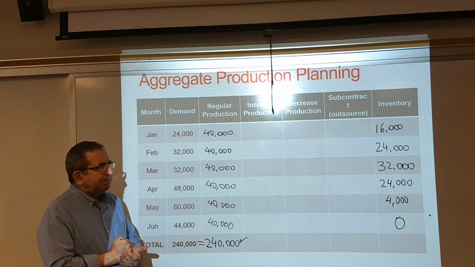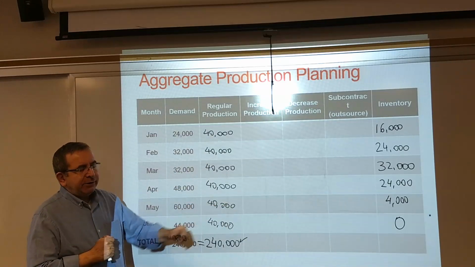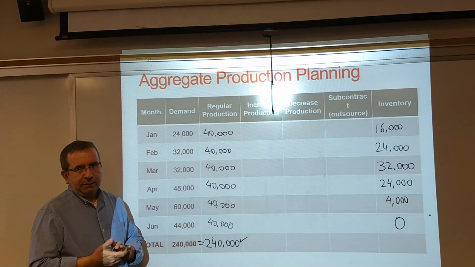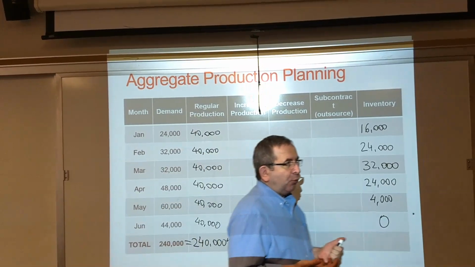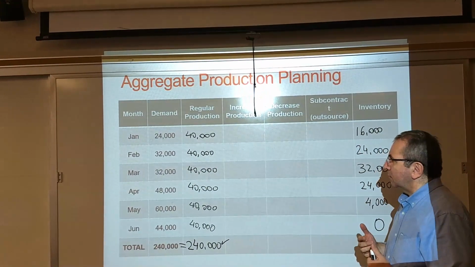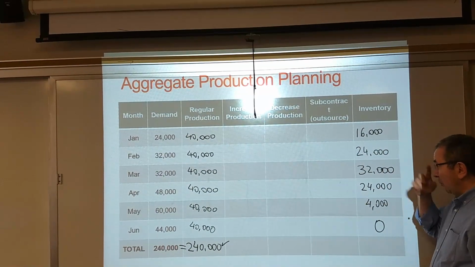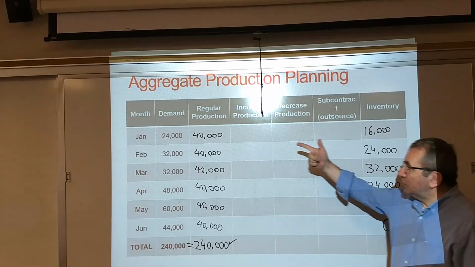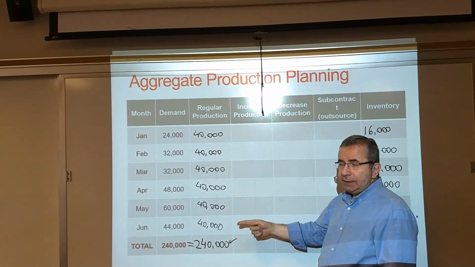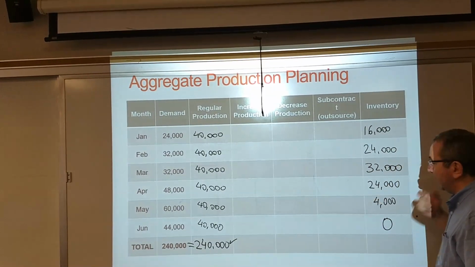So what do you do if you don't want to carry any inventory? Carrying inventory is costly. So you don't want to carry any inventory, but if you produce the same amount every month, you'll have to carry inventory.